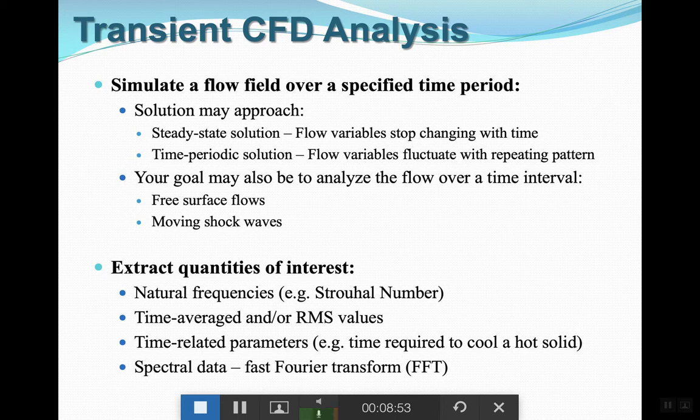Meaning, for example, take a turbine. When you are simulating a turbine and your measurement parameter is the velocity of the air coming out of the turbine, now assume we are simulating the whole thing from the start, meaning from the time you push the start button of the turbine to turn it on.